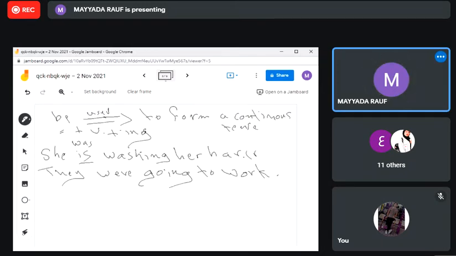Present continuous, and this one is past continuous.